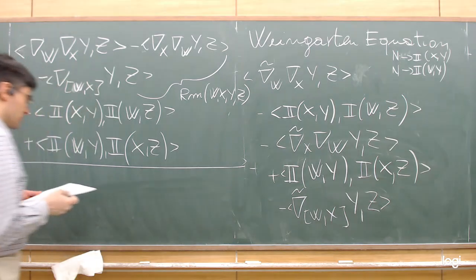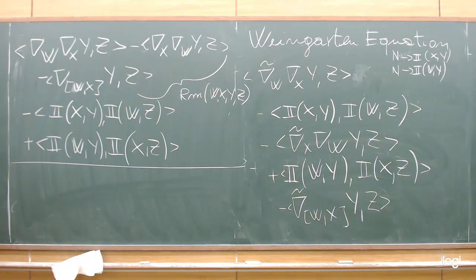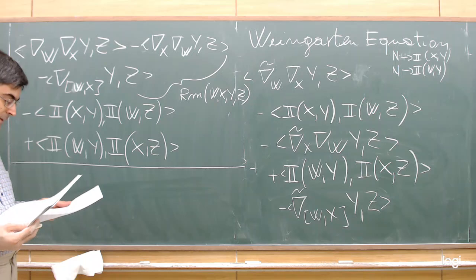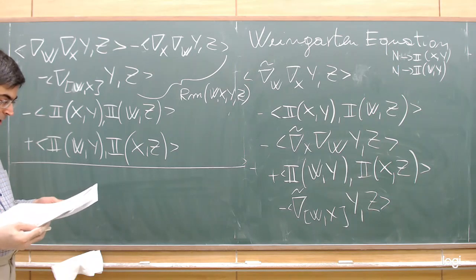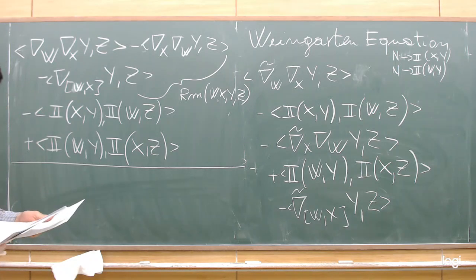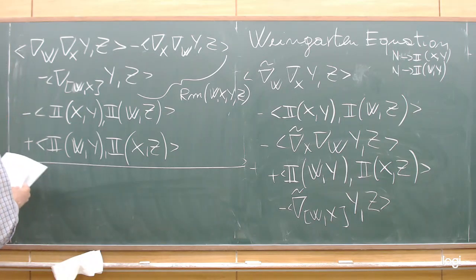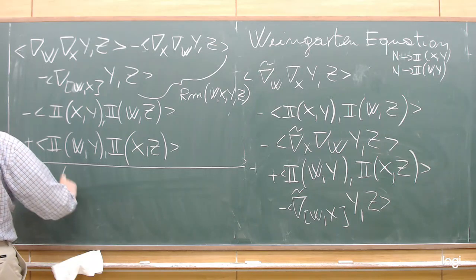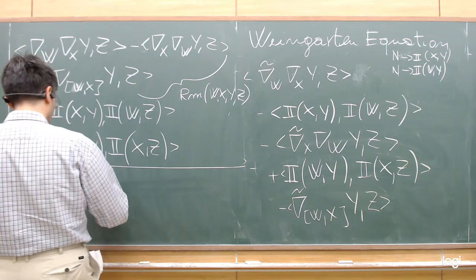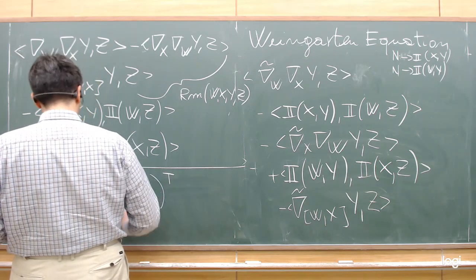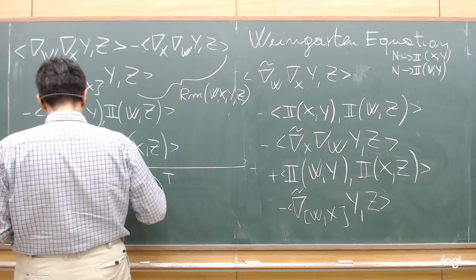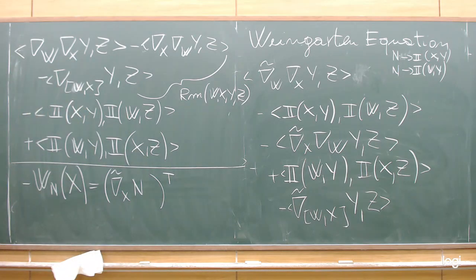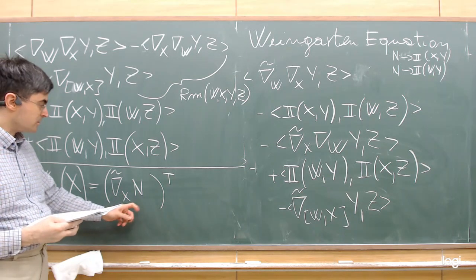So we've seen that when we define the Weingarten map, we have considered the tangential part of this vector field. What happens if instead we take the normal part?